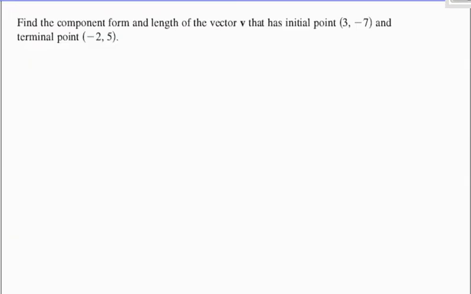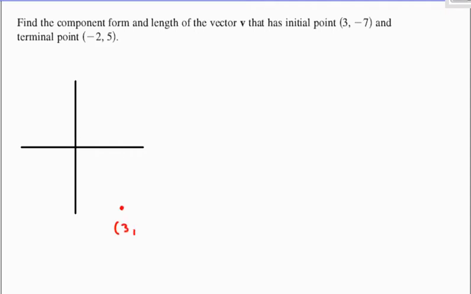We want to find the component form and length of the vector V that has an initial point at 3, -7 and a terminal point at -2, 5. Okay, so if we want to picture that, we can always sketch a little picture. Okay, and they're giving us points. So the point 3, -7 would be about right here.